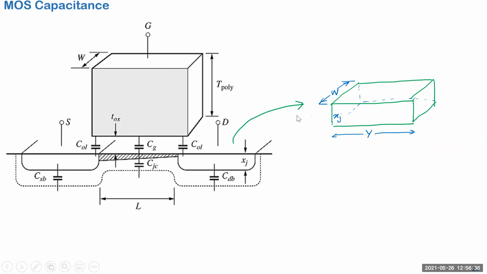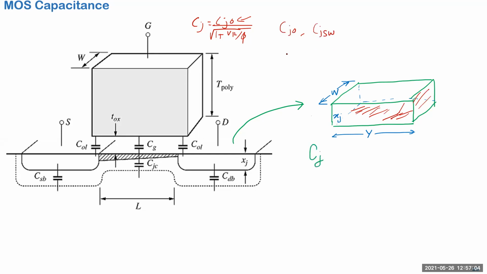If you remember, we derived for the capacitance that Cj is equal to Cj naught over 1 plus Vr over V. This Cj naught is different for the bottom part of this cube compared to the side wall. So in the model they give you two numbers, Cj naught and Cj SW.